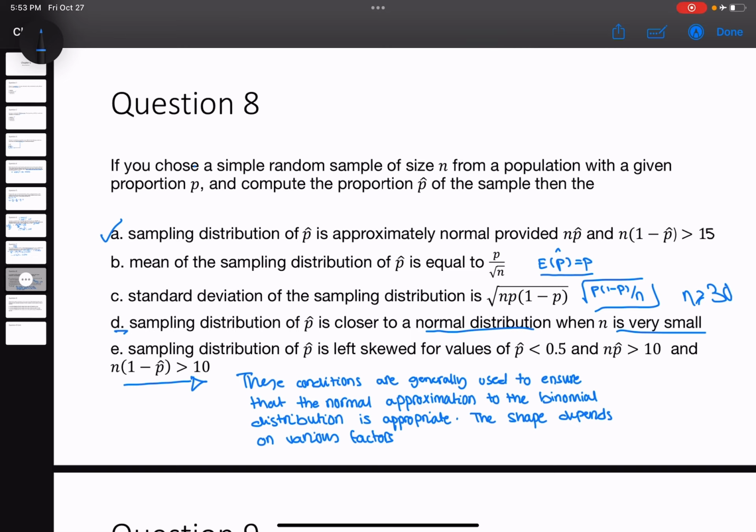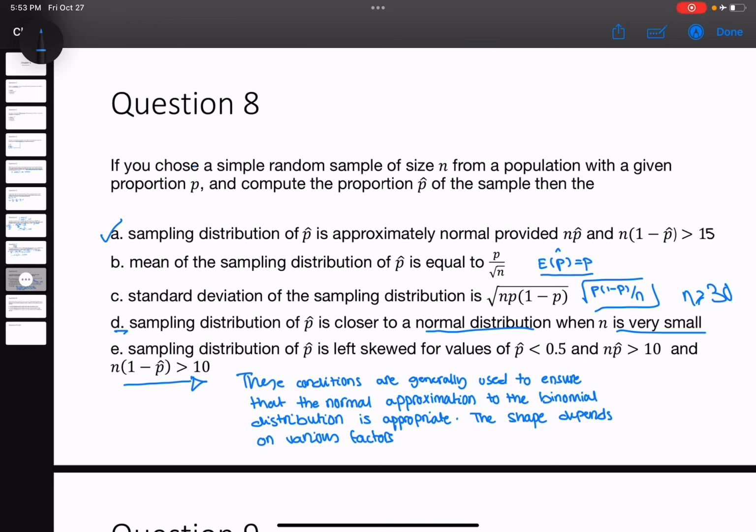The sampling distribution of p hat is left skewed for values of p hat less than 0.5 and np greater than 10 and n times 1 minus p greater than 10. So I put this description here. These conditions are generally used to ensure that the normal approximation to the binomial distribution is appropriate.